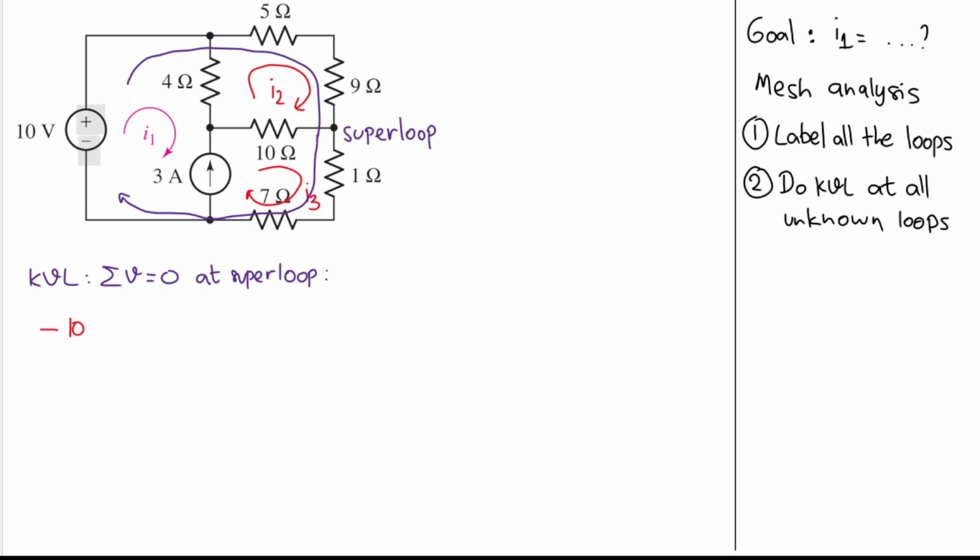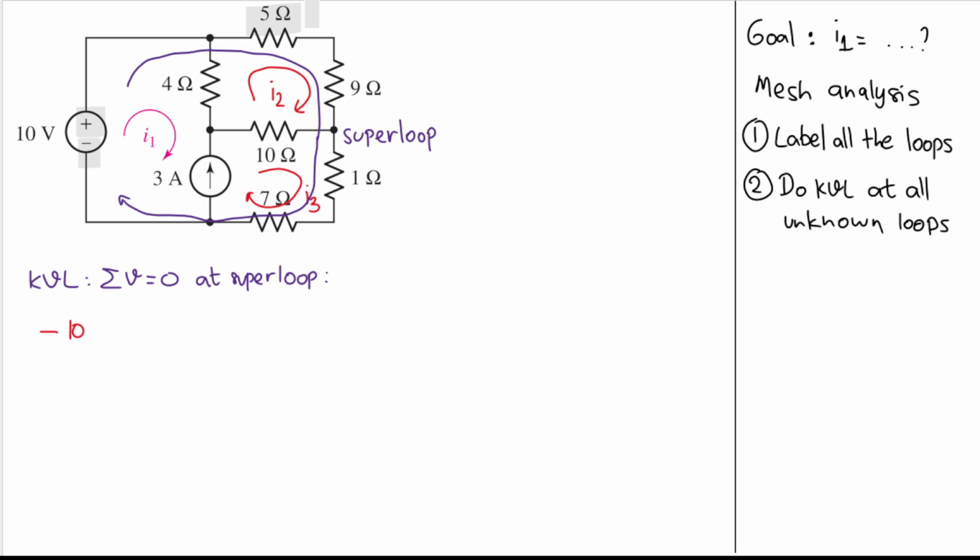The second component in the super loop will be this 5 ohm resistor, right? So I will have 5. But 5 is a resistor, so we need to multiply it by the current to get voltage. But here we multiply it by the inside current, not the super loop current. So we multiply it by I2. So we have 5 I2.